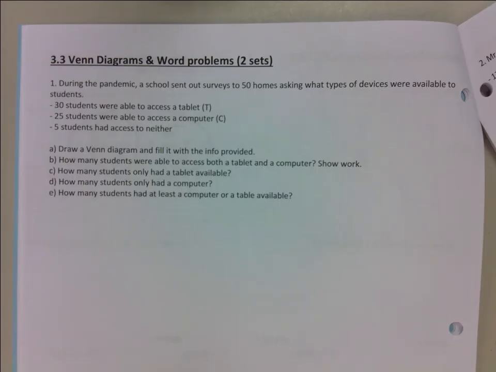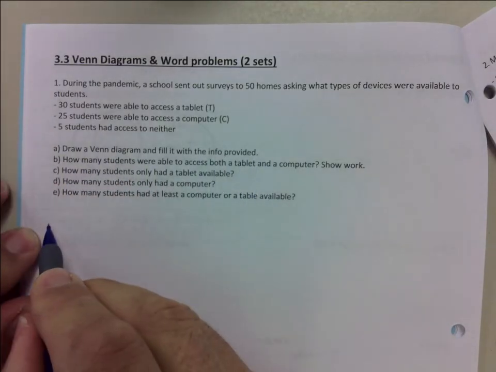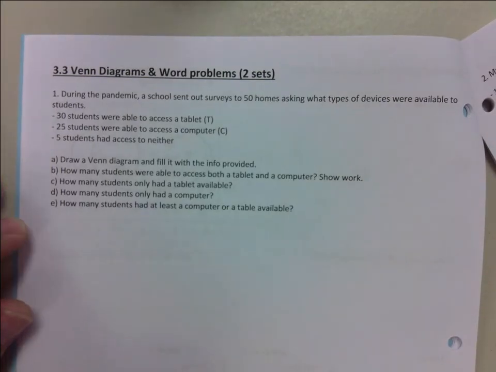The biggest problem is students don't put the numbers where they belong in the Venn diagram because they don't read carefully. But if you follow my program, you should be fine. Okay. So I'm asking you to do the Venn diagram and fill in the info provided. So let's read first and foremost.